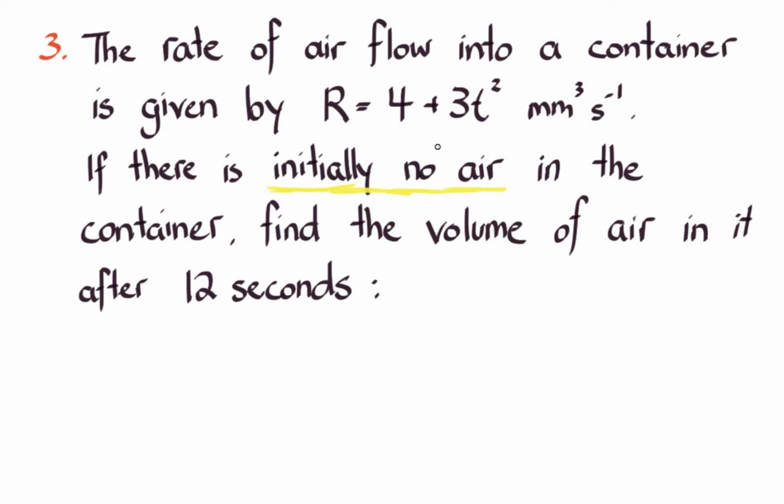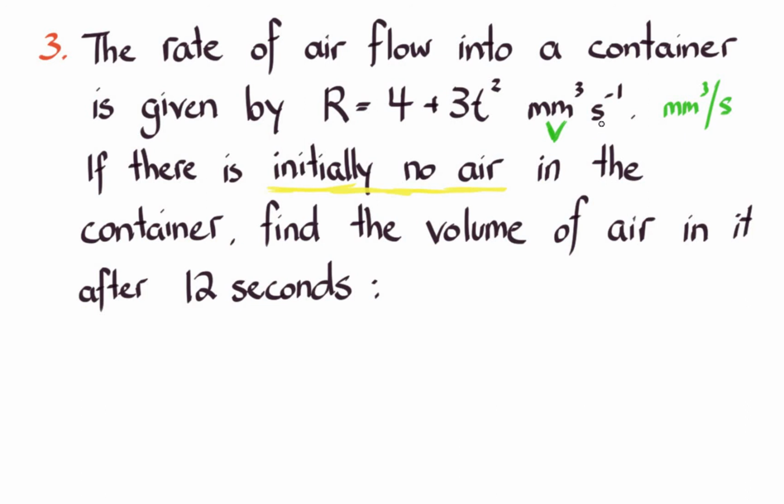So the first thing we need to do is set up what a rate actually is, and the units can be very helpful here. We have cubic millimeters, so what's that? That is a volume, right? And then we have seconds to the -1, or you might like to think of this as cubic millimeters per second, think of it fractionally.